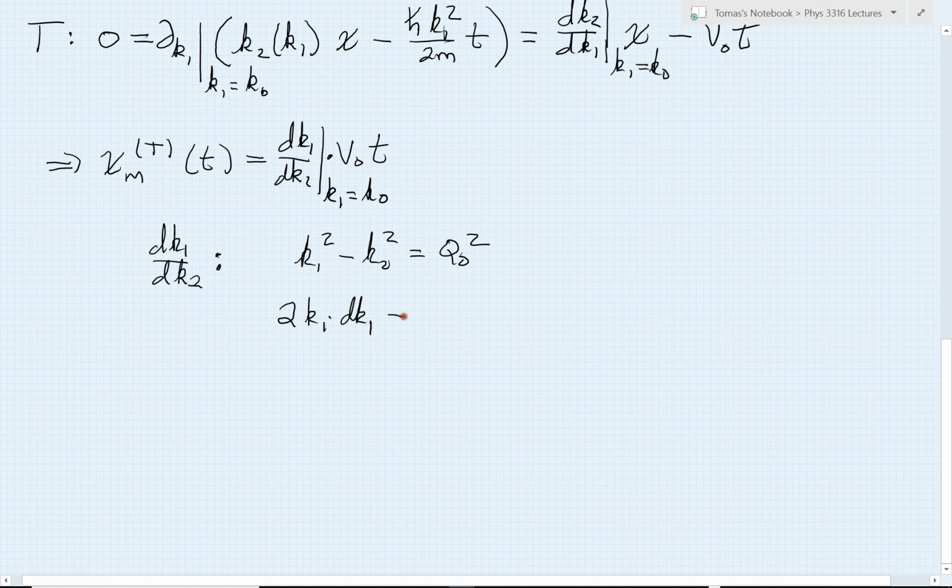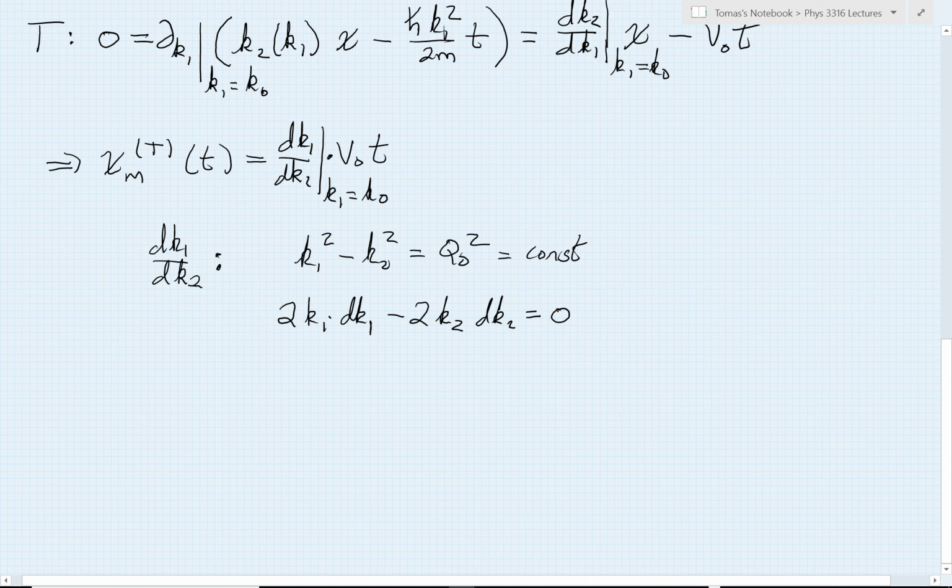The change in the next term would be twice K2 times dk2, because this is the derivative of the second function, times the change in its argument. And this last piece, well, as K1 and K2 are changing with each other, Q0, remember, is just related to the step size. That isn't changing at all. That is just some constant as K1 and K2 change. So the change in that is 0.